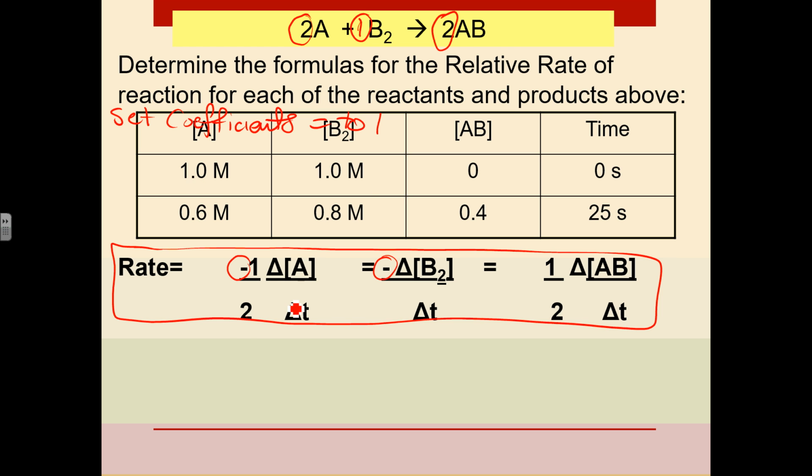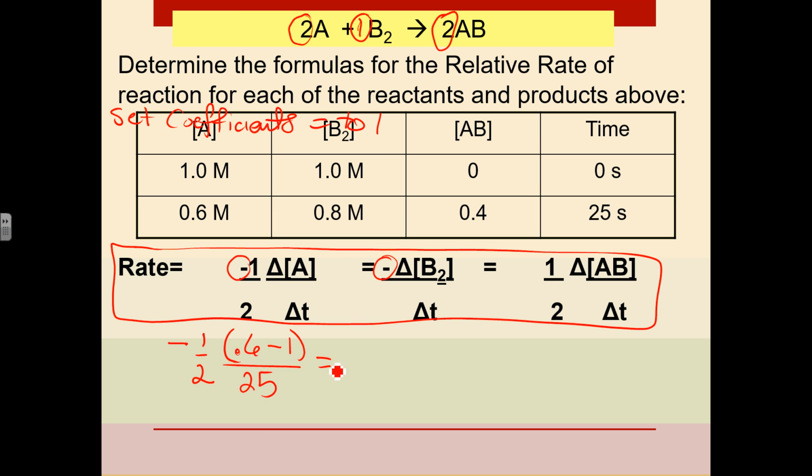If you were to take, for example, A, it's 0.6 minus 1 over the change in time, which is 25 seconds. It's a reactant, so I'm going to multiply it by a negative sign to negate it. And then the 2 becomes 1/2.